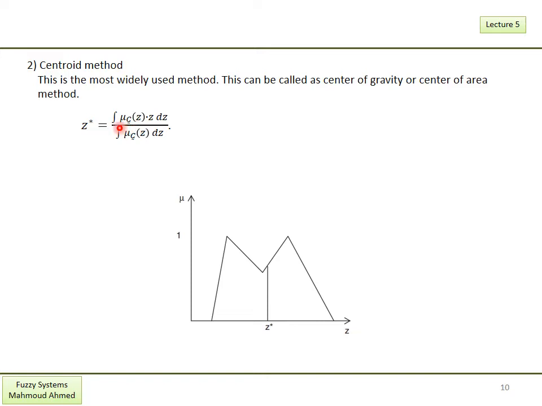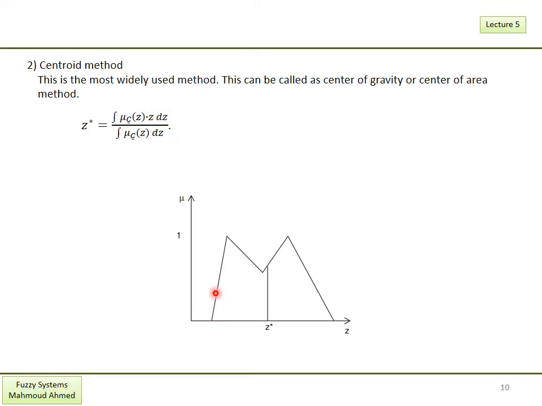So we take the integration of mu c of z multiplied by z dz. This is completely divided over the integration of the membership function dz. The difference between numerator and denominator is simply that in the numerator we multiply by z.